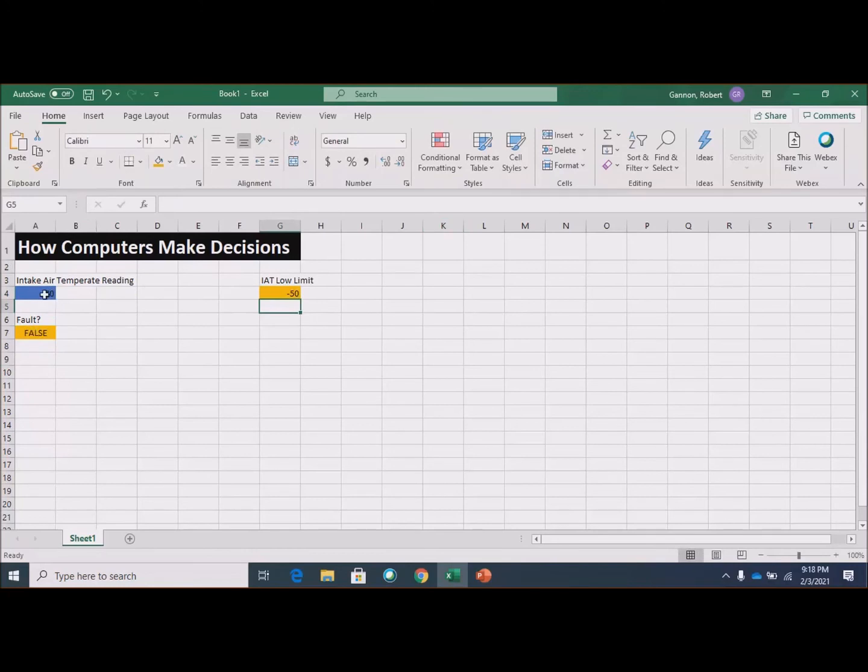So the computer is running the program here, looking at the reading here, and then looking at a spec here. Let's put this back to negative 39. At negative 40, our light's on. At, say, 100 or 110 degrees, our light's going to be off. Let's add some more into it. Let's put a high limit in.